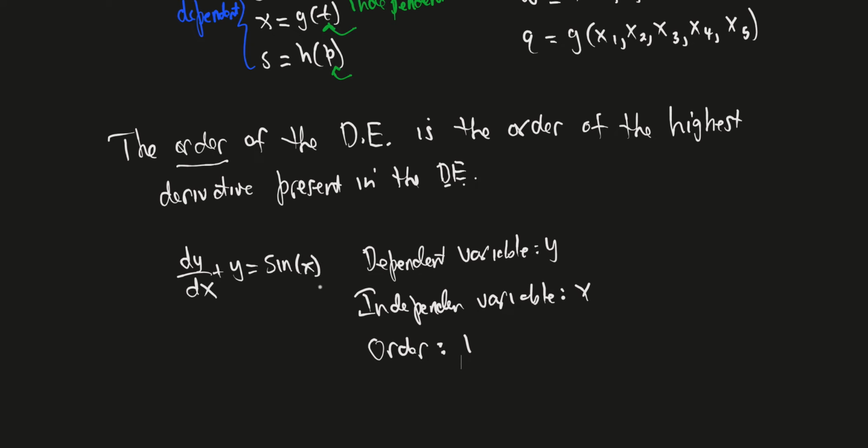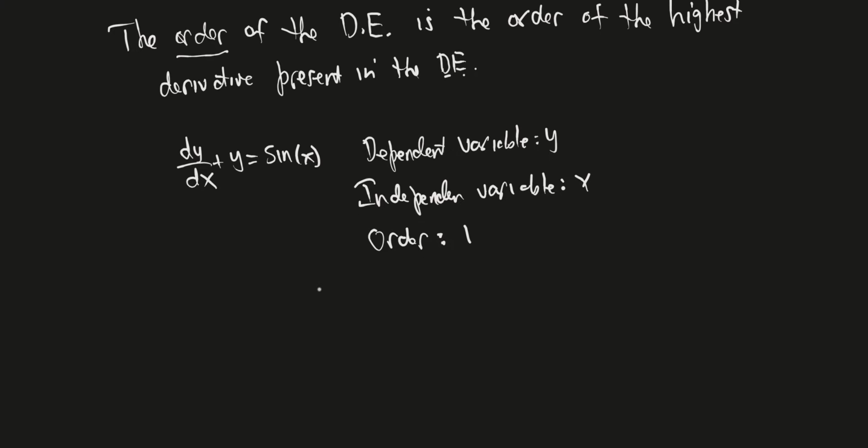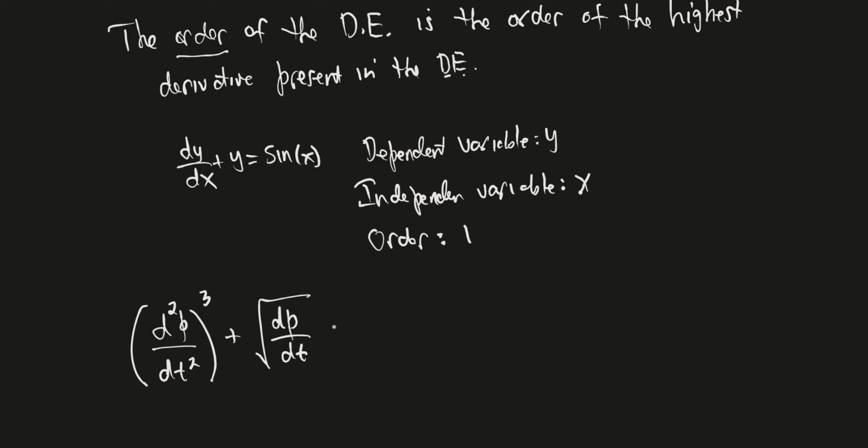Let's take a look at another example and again identify these three key things: the dependent, the independent, and the order. All right, so let's take a look at this. If we have d2p over dt squared, all to the third power, and then plus the square root of dp dt, and that's equal to t squared plus 1.